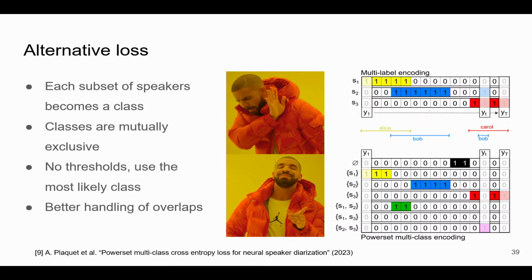So in my experiments, I used this model, the power set loss, in the context of a fully end-to-end model. And I was training with many speakers, up to 10. And there, I didn't see any improvements. The thing is, when you have up to 10, the power set for 10 is huge.